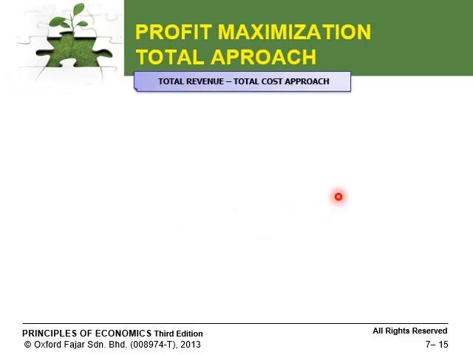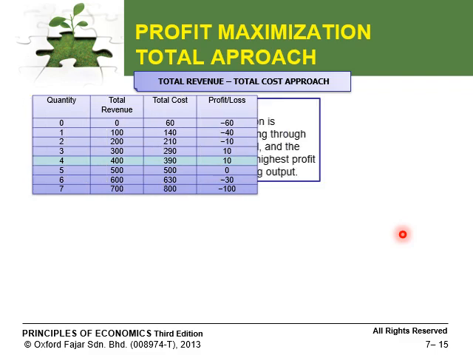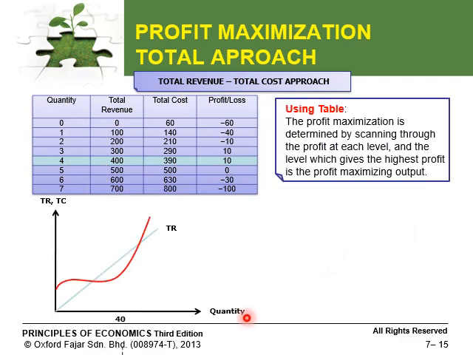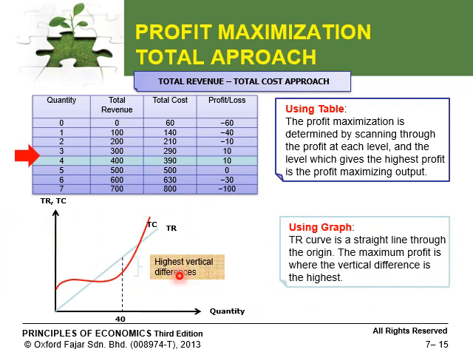This is an explanation of profit maximization using the total approach, which is more detailed. The thing that I just shared with you was just general, but this one is more detailed about the total approach in a perfect competition market. So how do we find it?